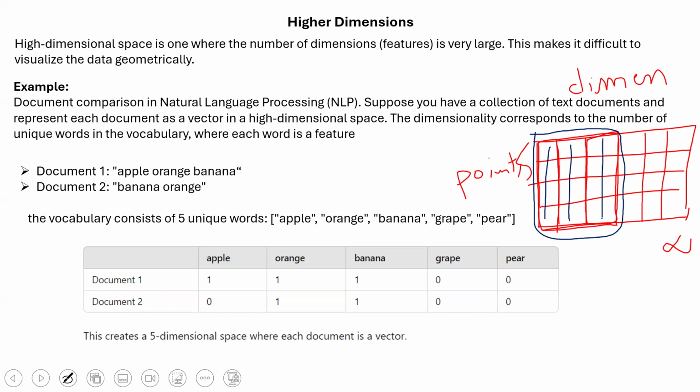When we go to the 4th dimension, the geometrical visualization becomes very complex, and when the dimensions reach infinity, it is near impossible. I would say it's impossible to visualize the data in a geometrical representation.